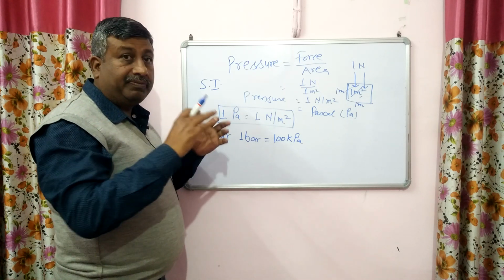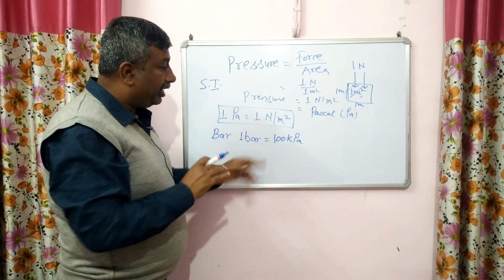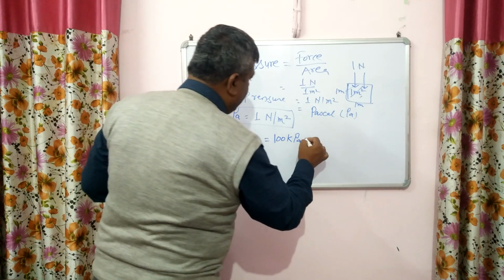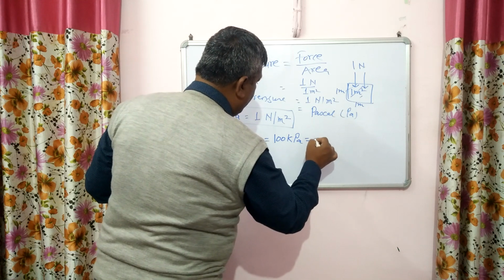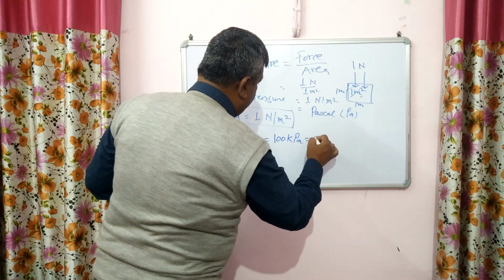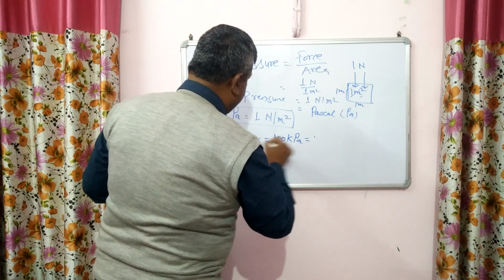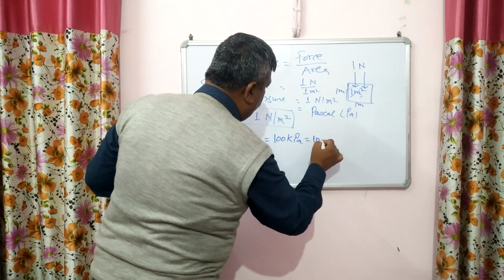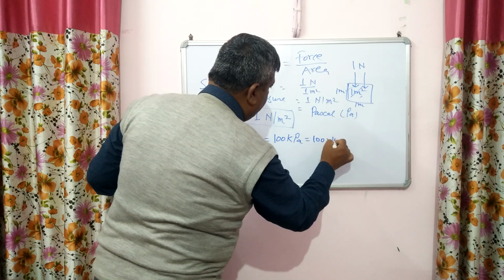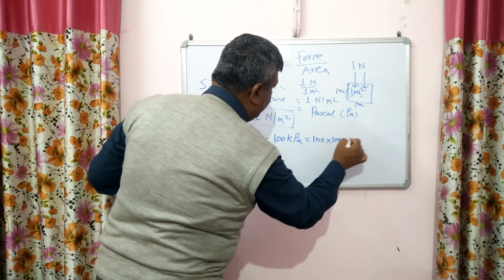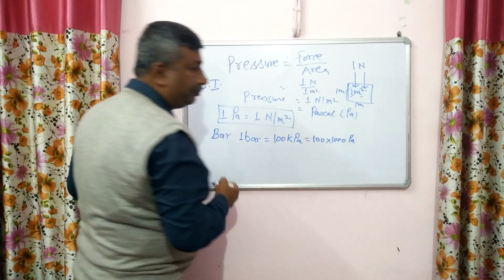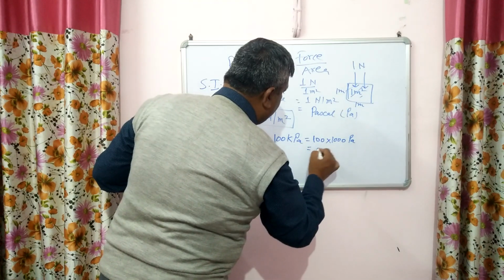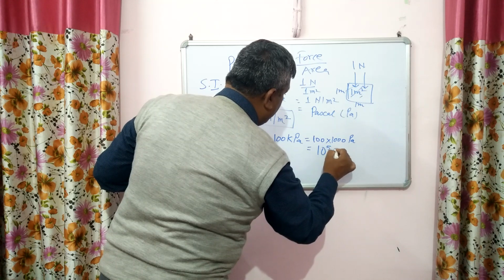A bar is a very huge unit, 100 kilopascal. Kilo means 1000, so this is 10 to power 5 Pascal.